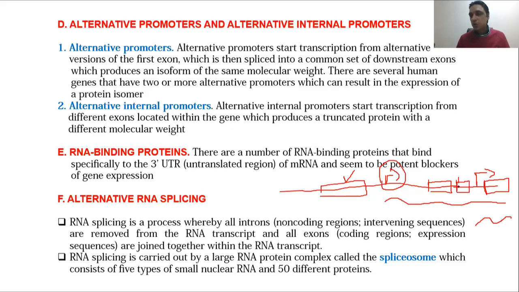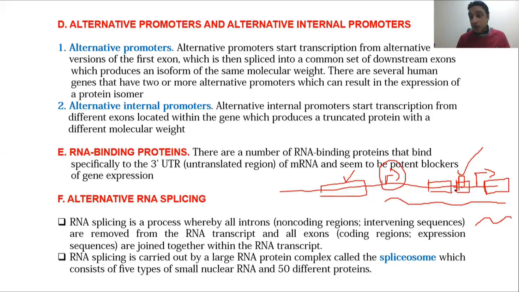So now what will happen? Either this promoter is used and this particular messenger RNA will be created, or this internal, or I must say alternative, promoter can be used, and it will produce another messenger RNA.